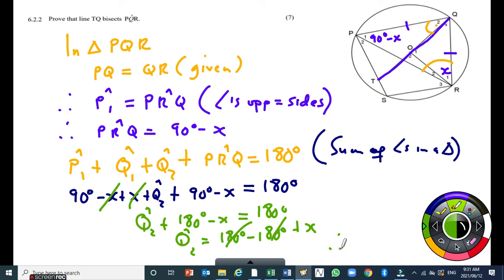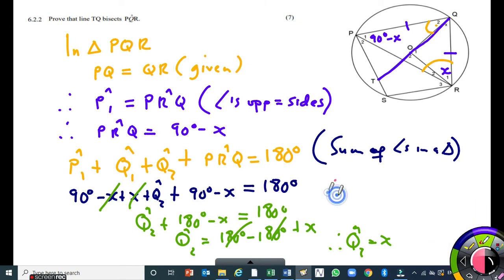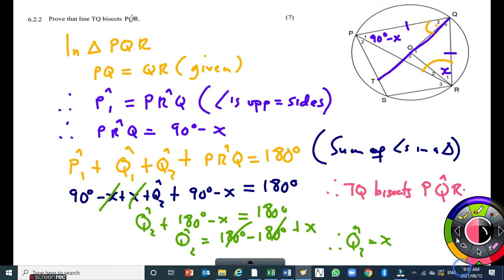Eventually, you get Q2 being equal to Q1. Then you can make a deduction there and say, therefore, TQ bisects PQR, because Q2 is equal to X, and Q1 is already X.